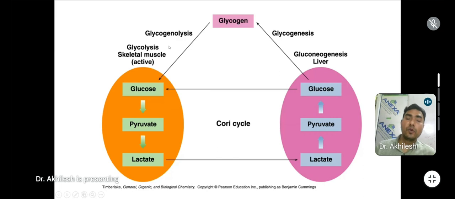Similarly, when you have enough glucose, like nowadays people eat while watching TV and overeat, the extra glucose, after completing the energy fuel requirement, is converted into glycogen in our liver and muscles only.